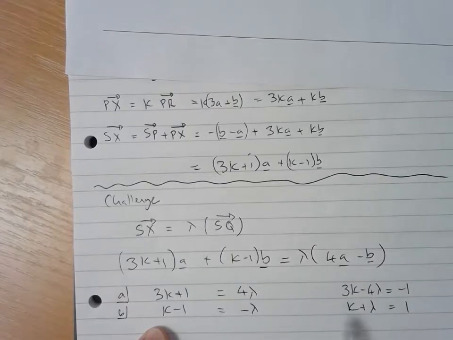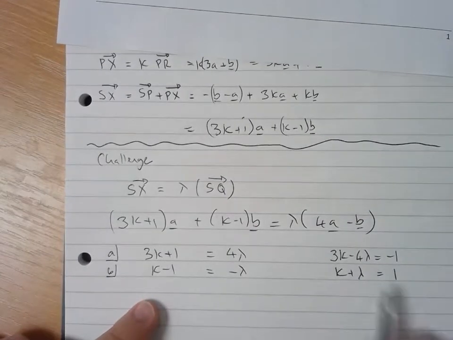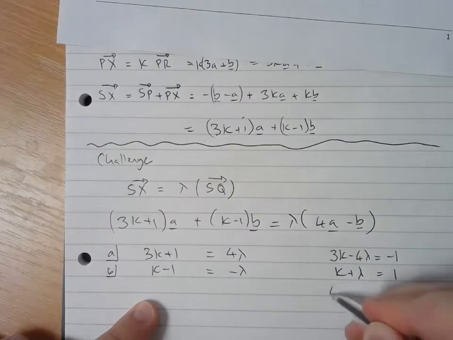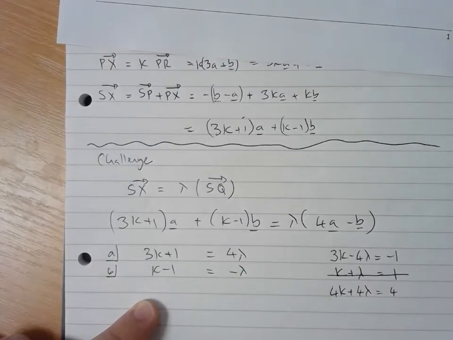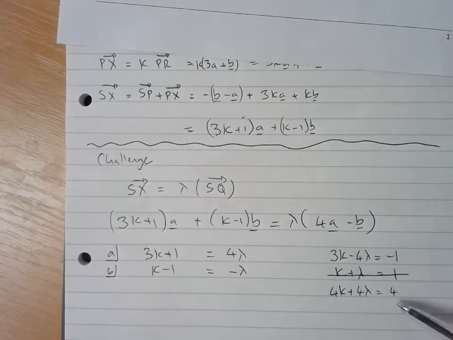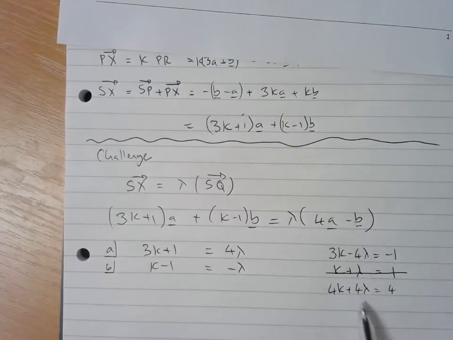I'm going to multiply this equation here by 4, because this is going to make sure I have something that will cancel here. So I have 4K plus 4 lambda equals 4. I'm going to cross this one out to remind myself not to use that one. Now I'm going to add these two things together, because that will mean we get cancelling out of our lambdas, because K is the thing we're interested in.